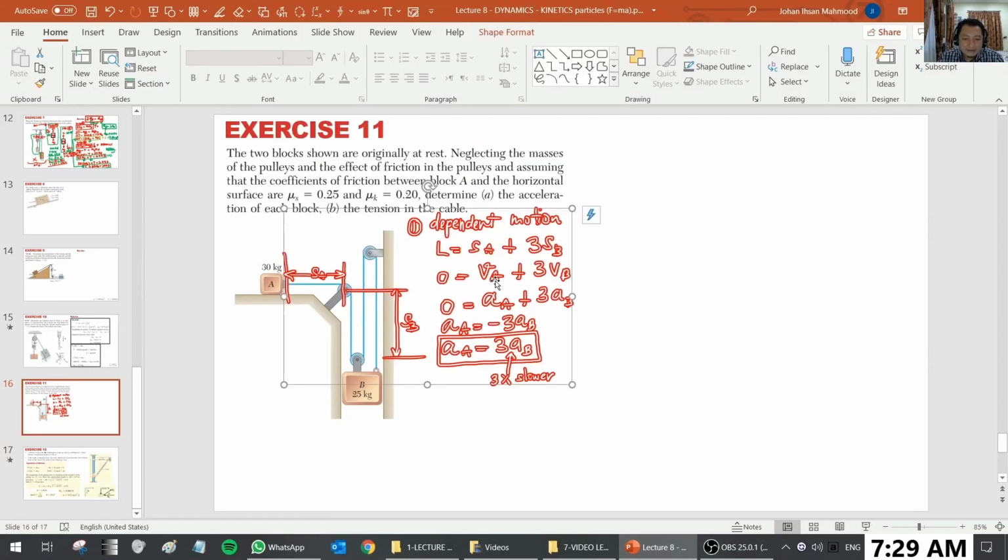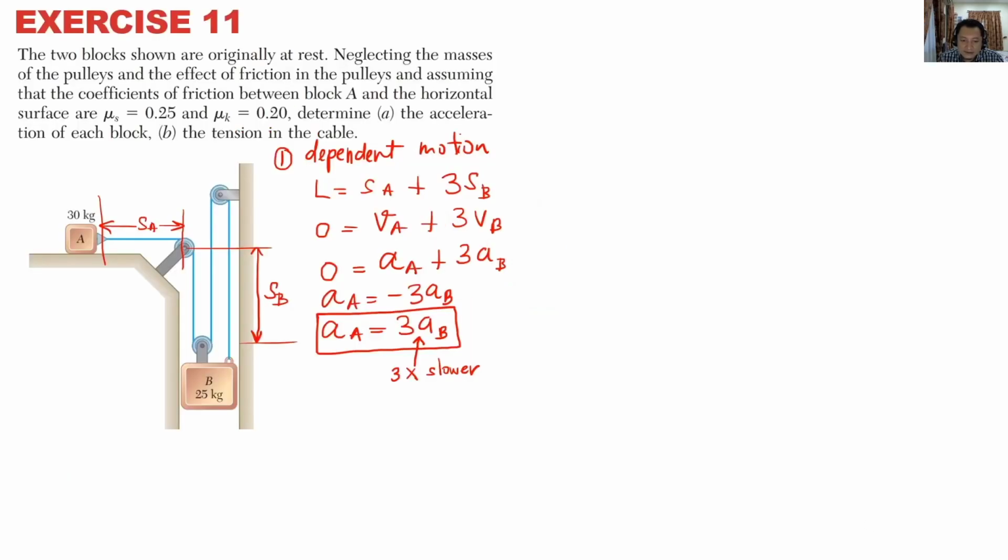Okay, never mind, maybe we have space. So next thing that we should do, okay, this is the relationship. AA is equivalent to 3AB.